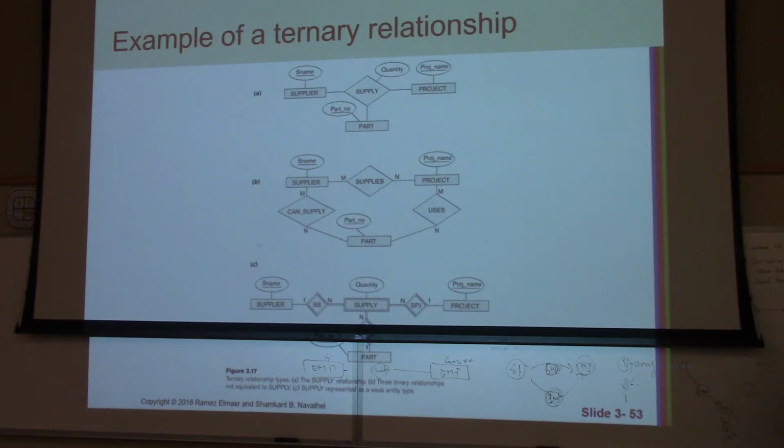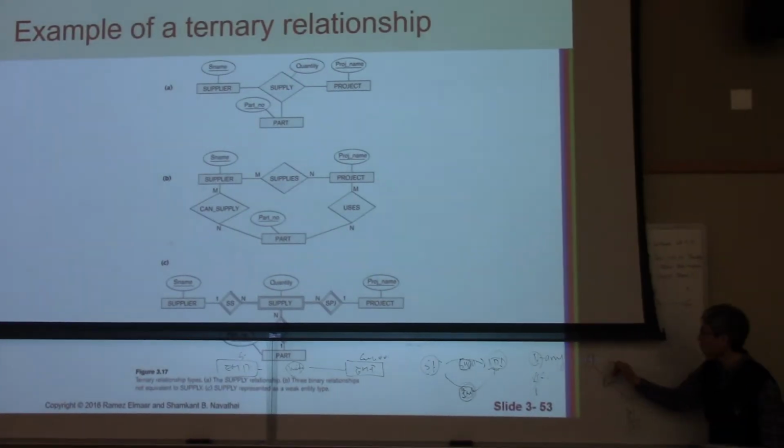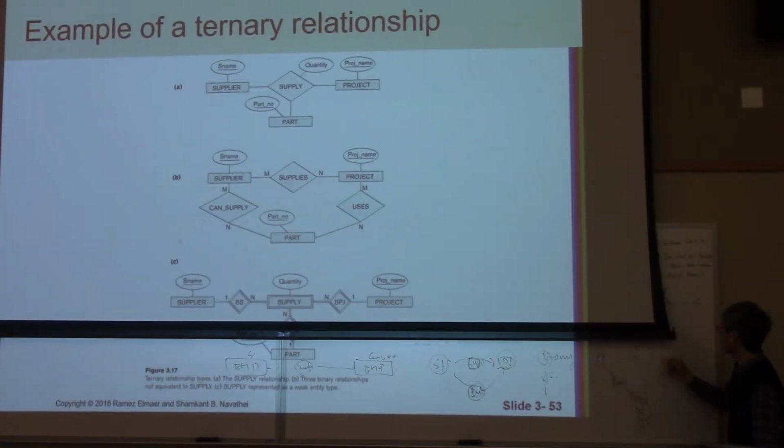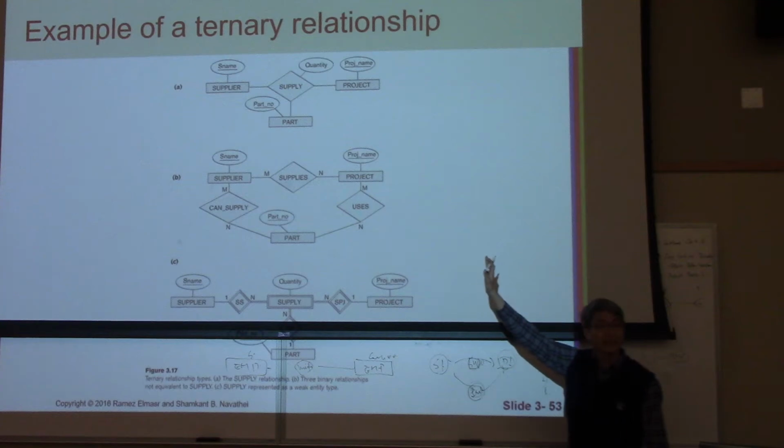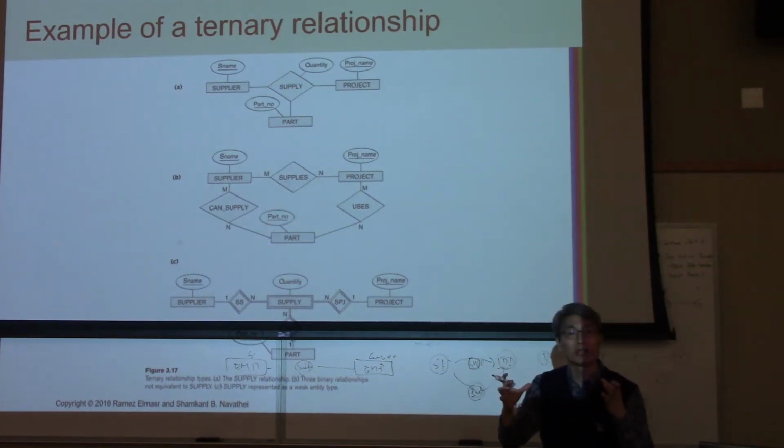That makes sense. That may be possible. But what about the P3? P3 is not used in the project, but it may be supplied by the S1 supplier. Okay? Then the S1 supplies the project. But this P3 cannot happen in the A. A is more strict. Okay?